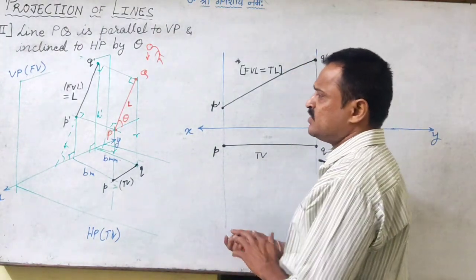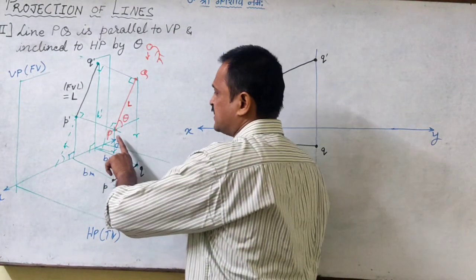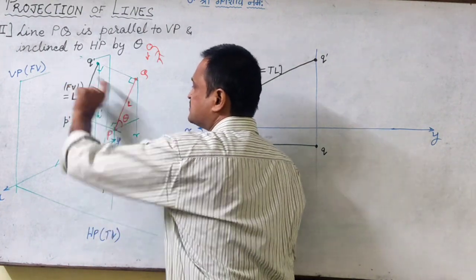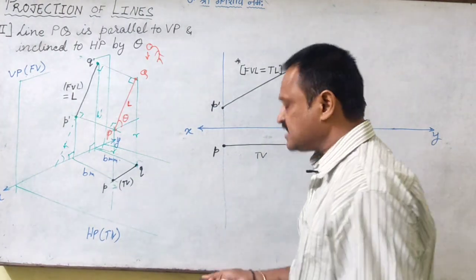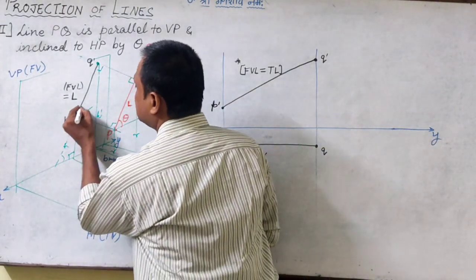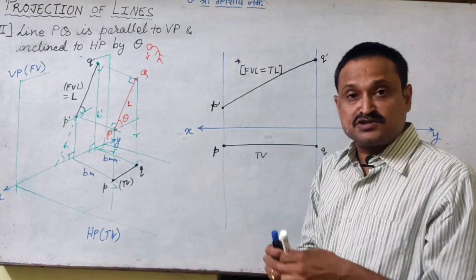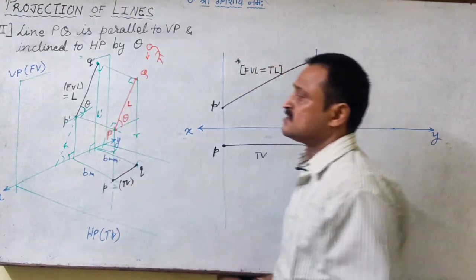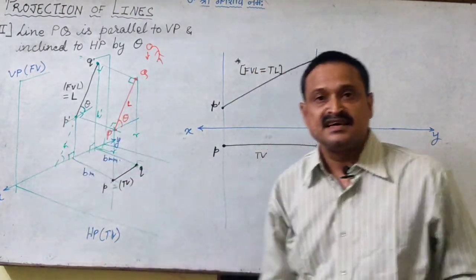Now when we are looking at it from the front, this is height H and this is H1, and this is the same length L. If that is the case, the inclination that we are able to see in the front view is also the same, theta.